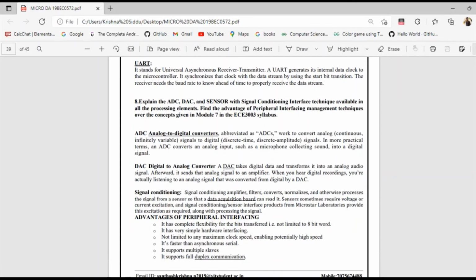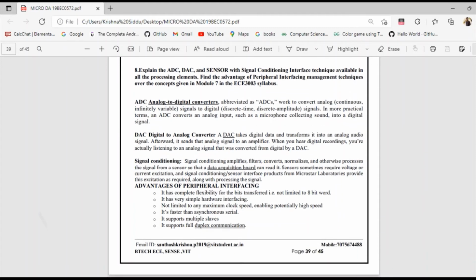Next we come to the eighth question. Here we explain the ADC, analog to digital converters, the DAC, digital to analog converters, and the sensor with signal conditioning interface techniques available in all processing elements. Then find the advantage of peripheral interface management techniques over the concepts given in Module 7 in the ECE 3003 syllabus.